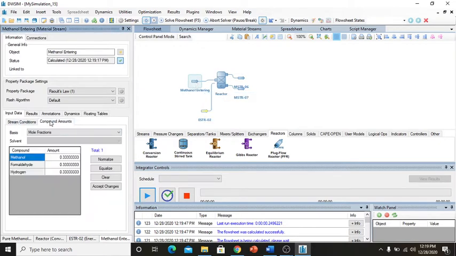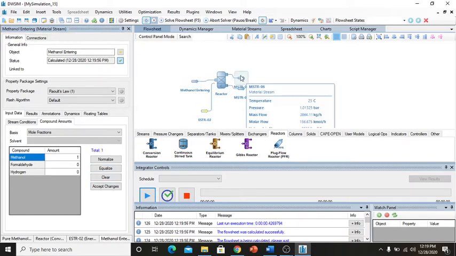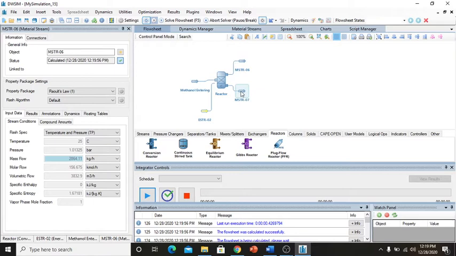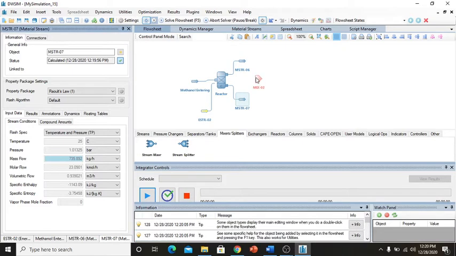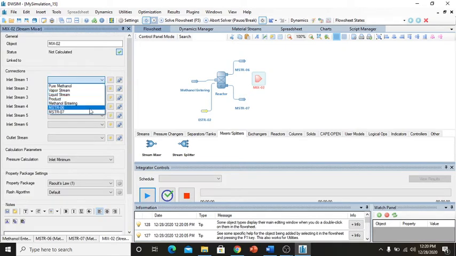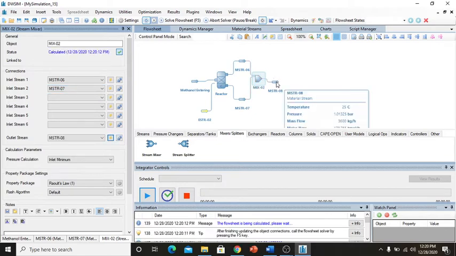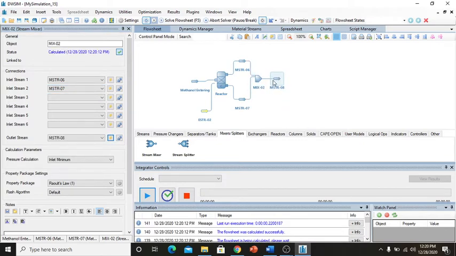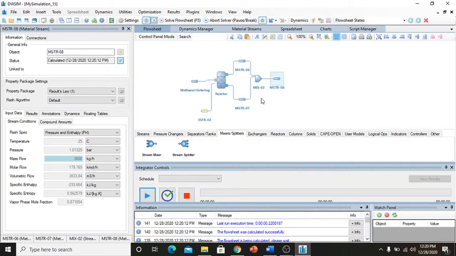Since this is pure methanol, the compound amounts should be 1 and the rest should be 0. Okay, so the same, this is the vapor stream, this is the liquid stream, and we need to use a mixer to account for all the formaldehyde. Inlet stream 6 and stream 7, the outlet. Okay, so basically this has just the same setup as our letter A.